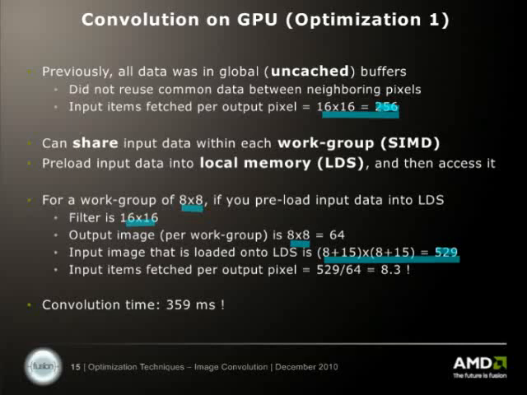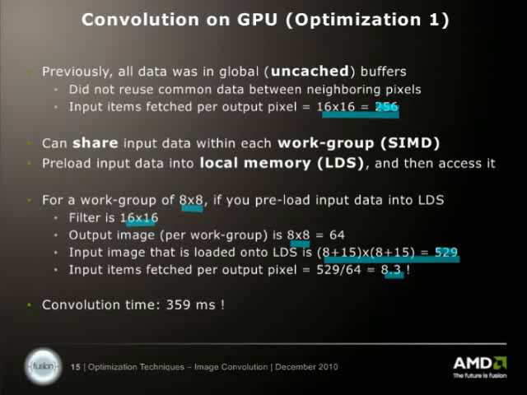Before, it was 256 values for each pixel. So in the naive kernel, what we are doing is 256 times 64 for the whole work group. Now in this case, we are just doing 529, right?